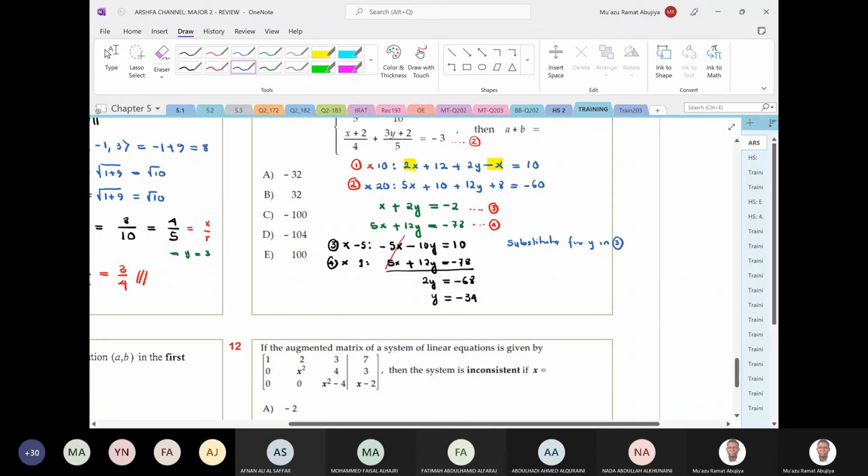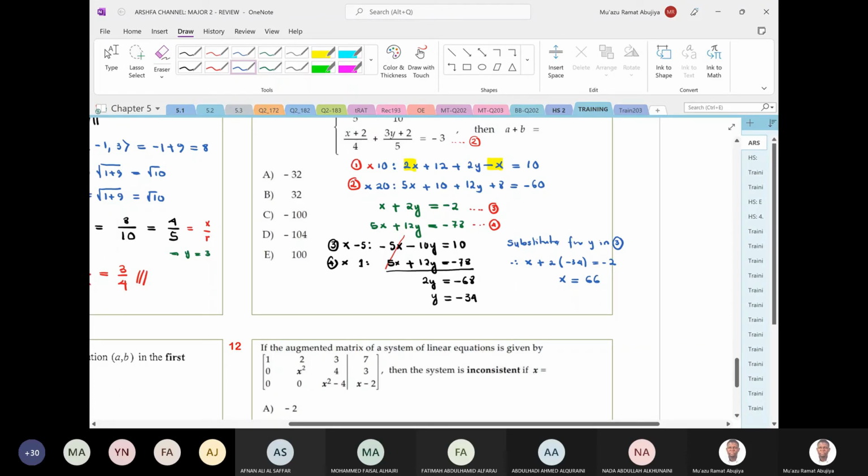The choice is yours. So therefore, we have x plus 2y, that is going to be 2 into y, which is minus 34, and this is equal to negative 2. So we are going to get minus 68. Minus 68, take it to the other side. We have x equal to 66.